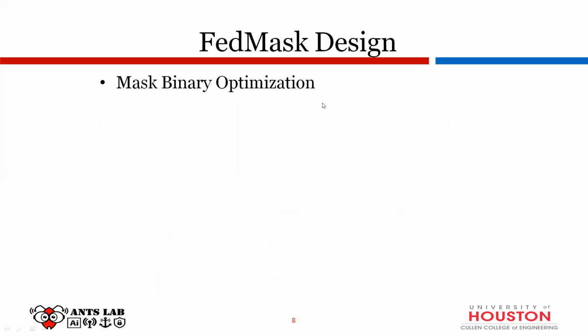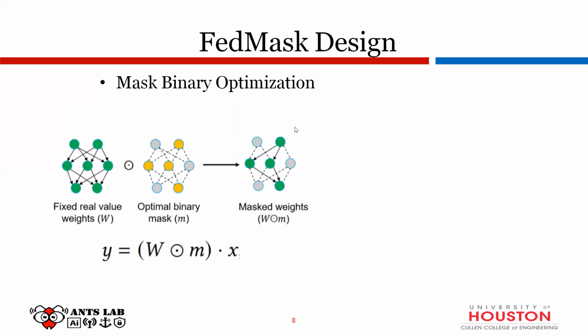Before we explain all this, we'll be talking about the key concept of this, which is mask binary optimization. Here is a simple example. Given we have real fixed-value weights, so this is a model with the weights individually on here. And then we have this optimal binary mask, which is considered to be binary.